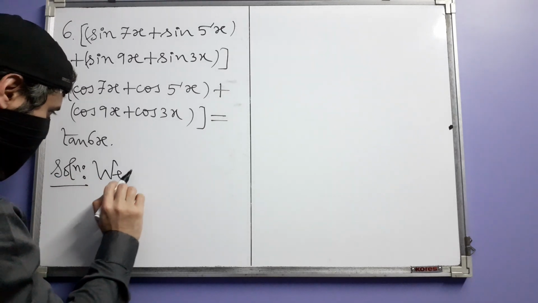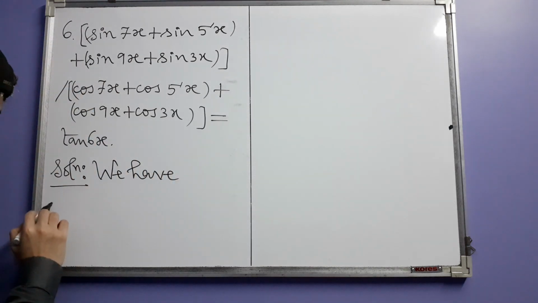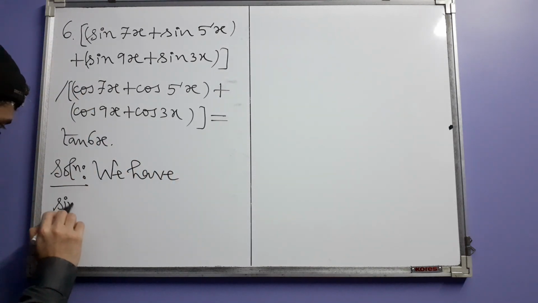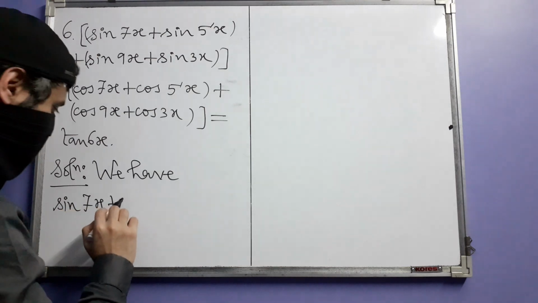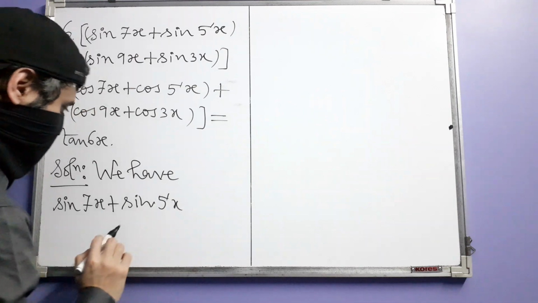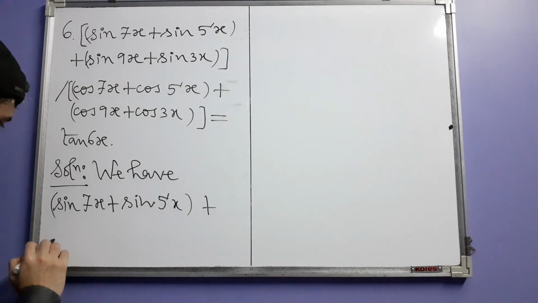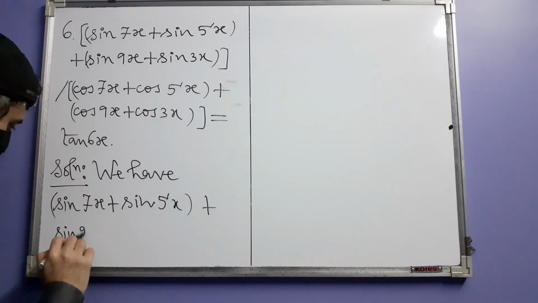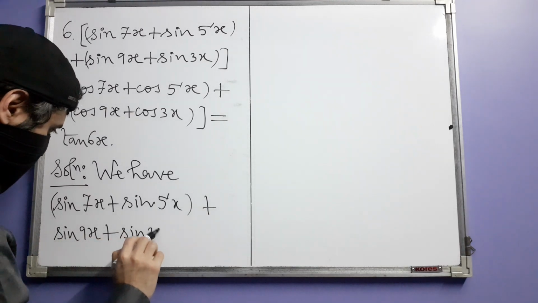We have, so let's write the expression first. Sin 7x plus sin 5x plus sin 9x plus sin 3x.